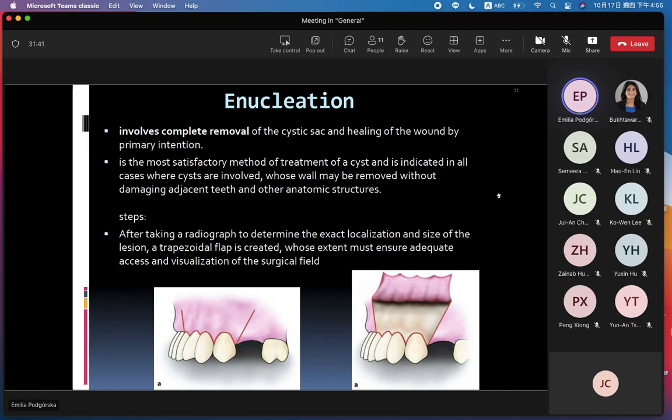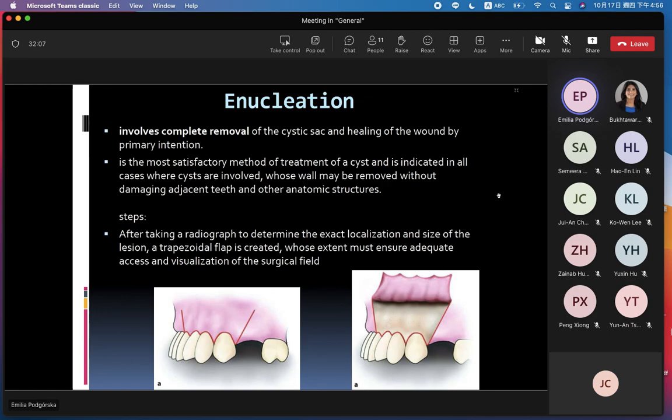And we have several steps. So first we take a radiograph, and after taking it, we have to determine exact localization and size. Sometimes we must do computed tomography to know the localization and size better, and adjacent structures like nerves or sinuses.